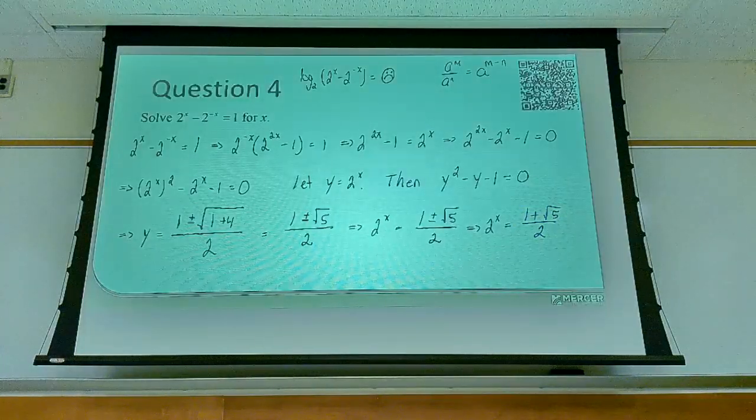Now, the golden ratio is just the limit of the ratio of the Fibonacci numbers. Take the n plus 1 Fibonacci number over the n Fibonacci number, and they converge to the golden ratio. It's the most beautiful number in the universe because it's everywhere.